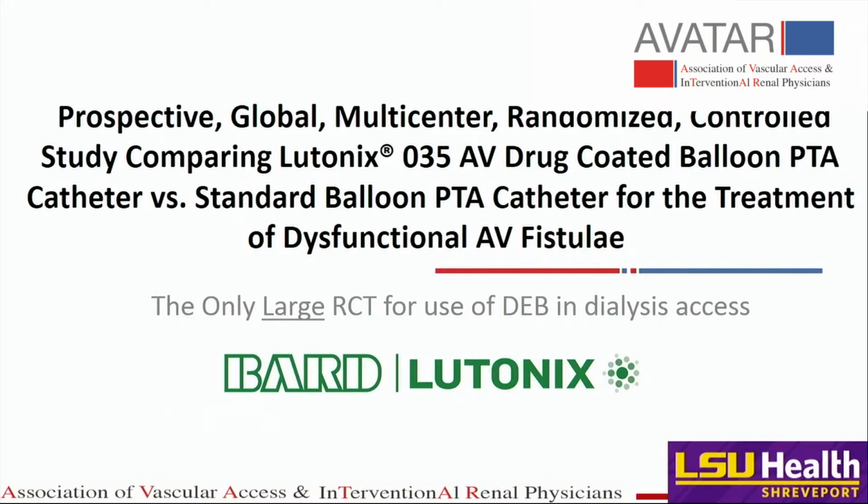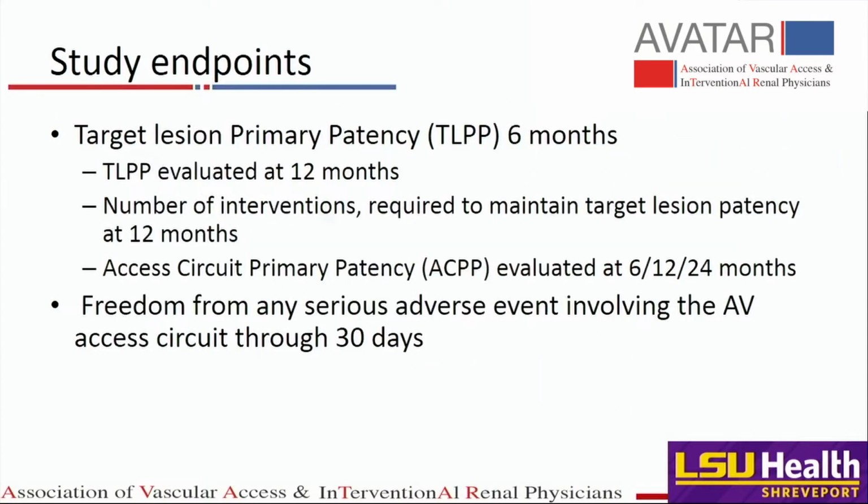That led to the first randomized control trial on a large scale, which included almost 200 plus patients, and the goal was to answer the question: if you define your target lesion and use a drug-coated balloon in that area, what is the target lesion primary patency?